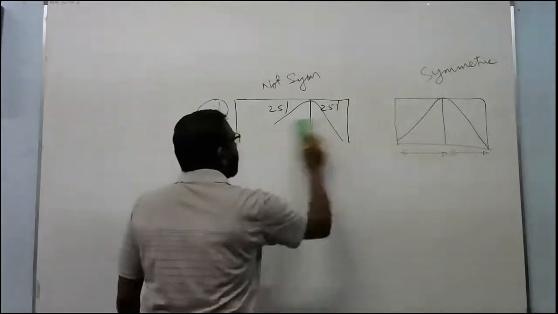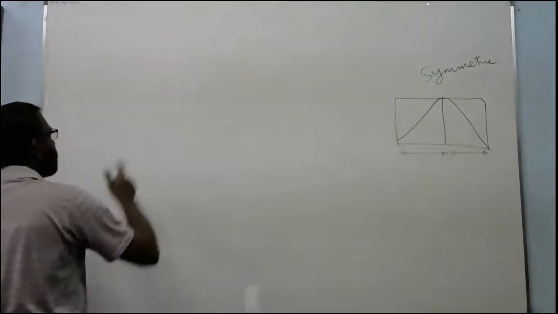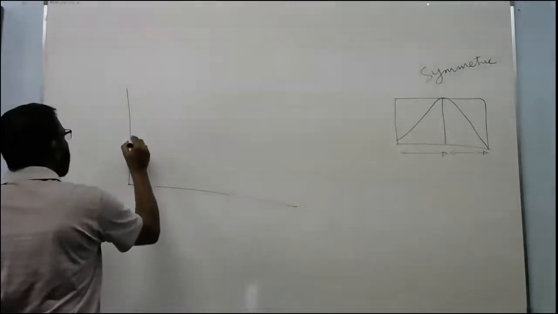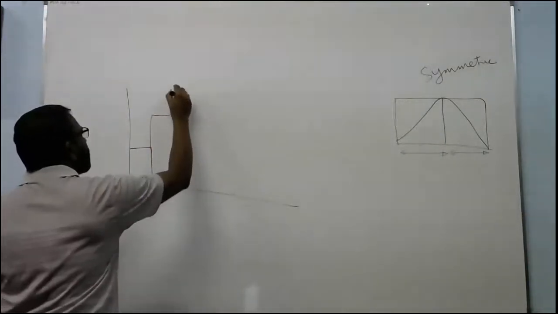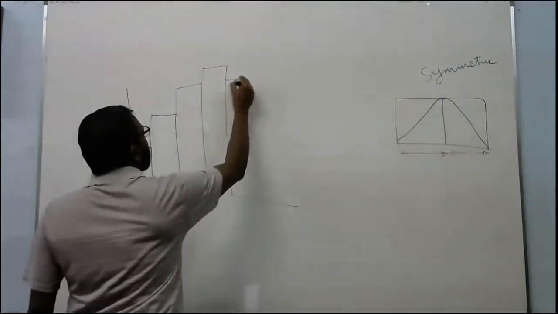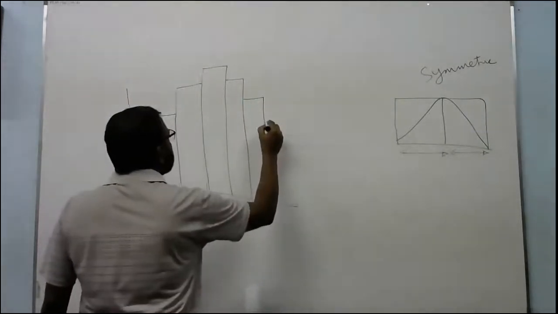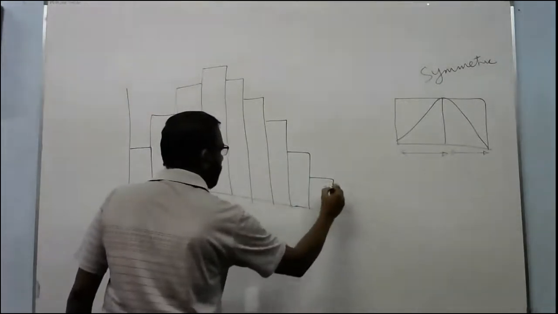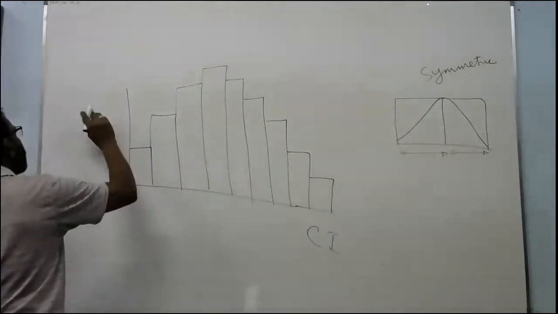Based on that, we call it a distribution. The term distribution: for example, let's say I have a bar chart. Do you remember yesterday we talked about bar charts? I'm simply drawing something typical. This is the class interval, and this is the frequency or relative frequency.